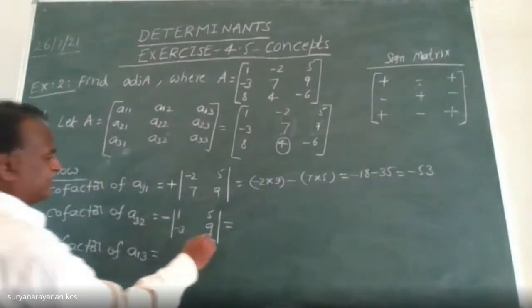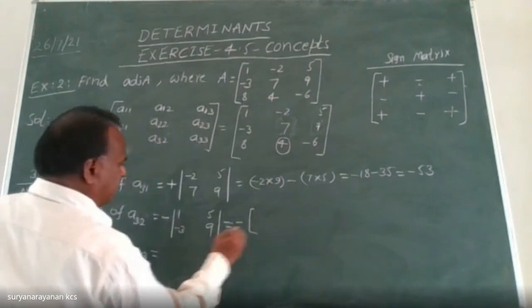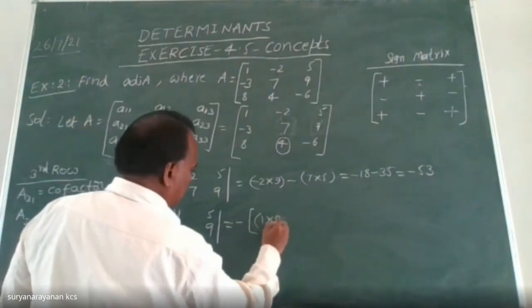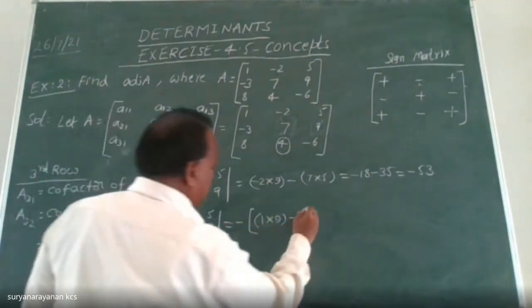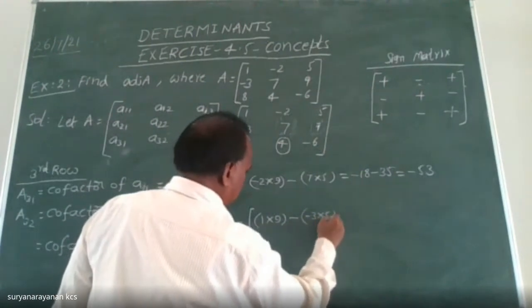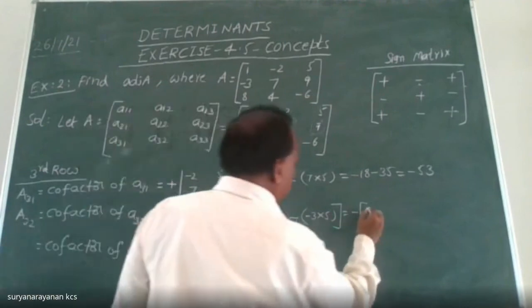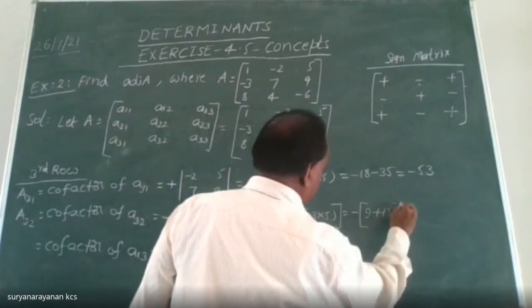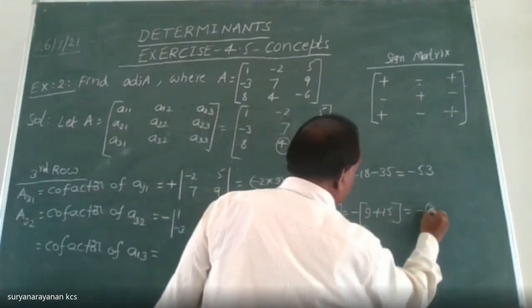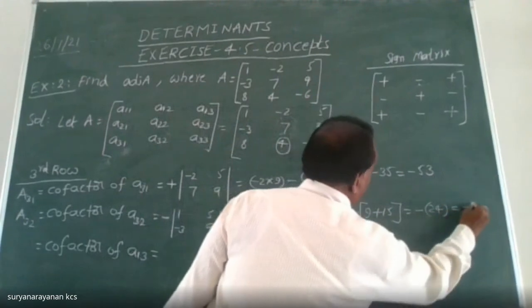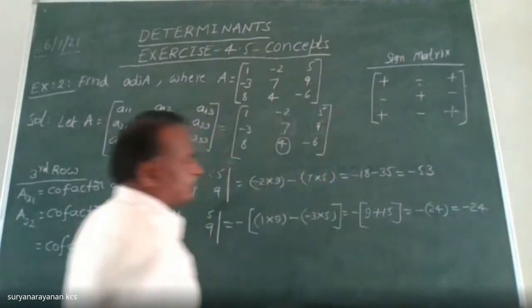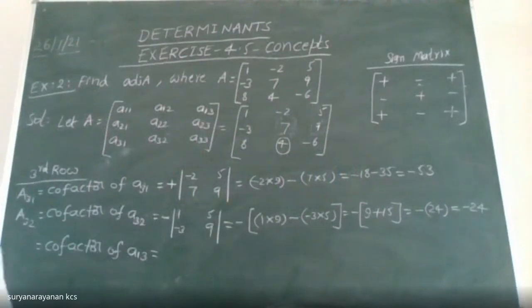Yes, minus of 1 into 9 minus 3 into 5, minus of 9 plus 15, minus 24. Finally, we got minus 24.